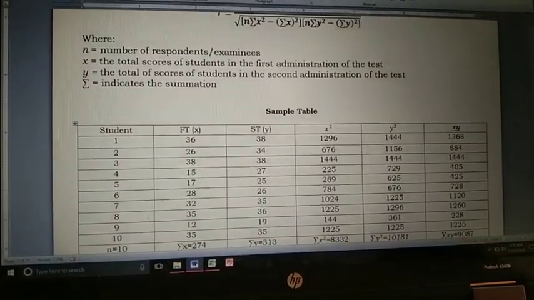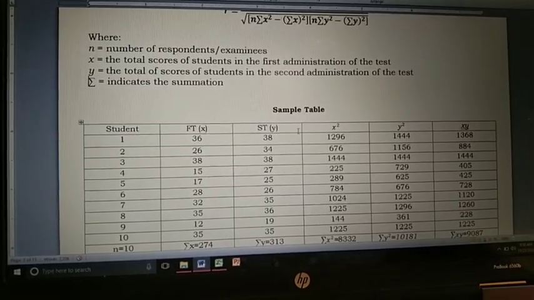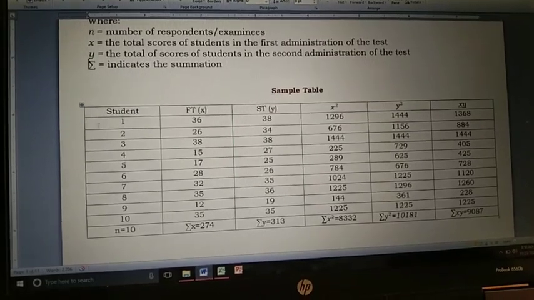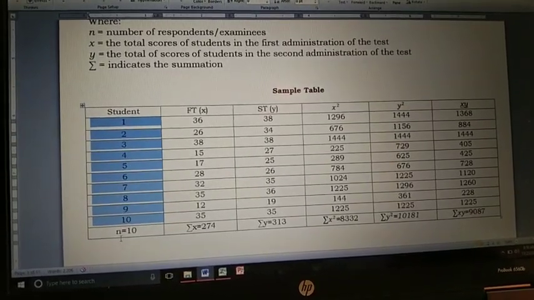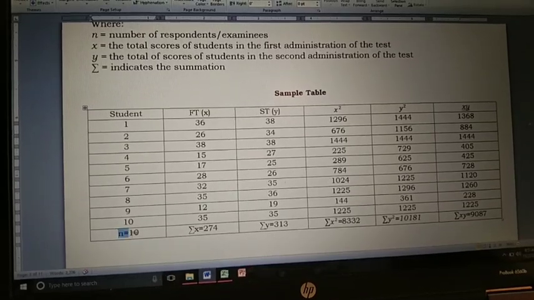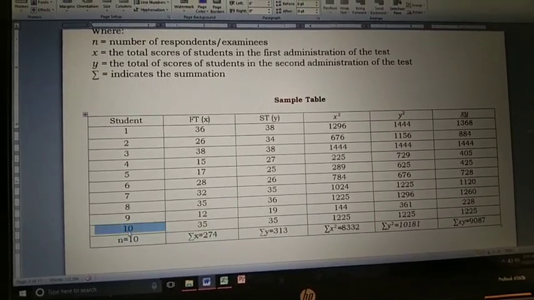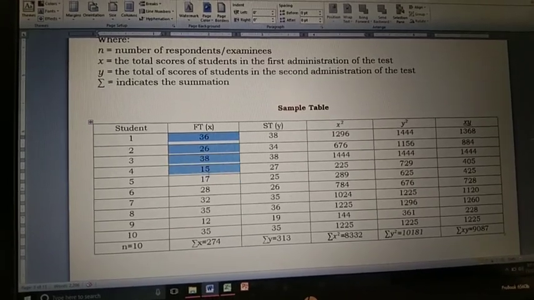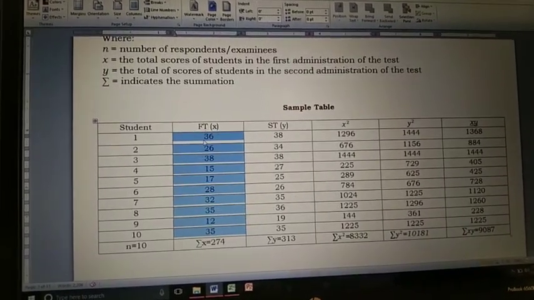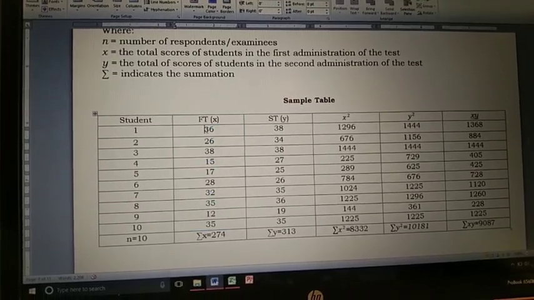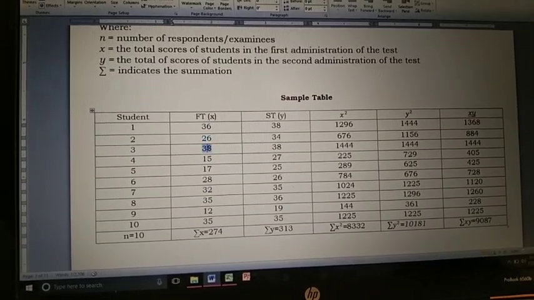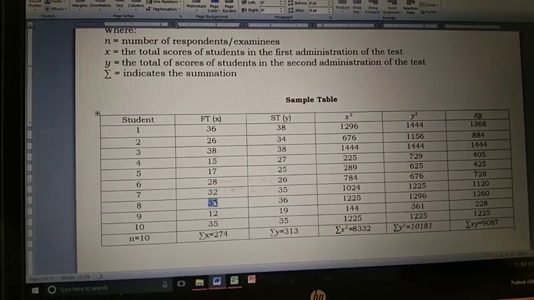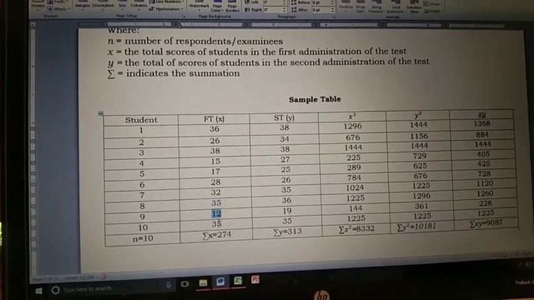Okay guys, for example, we have the sample table here. We have the 10 students. So the summation of the total number of examinees, we have 10. Then followed by the scores of the students in the first administration of the test: 36, 26, 38, 15, 17, 28, 37, 35, 32, 35, 12, and 35.